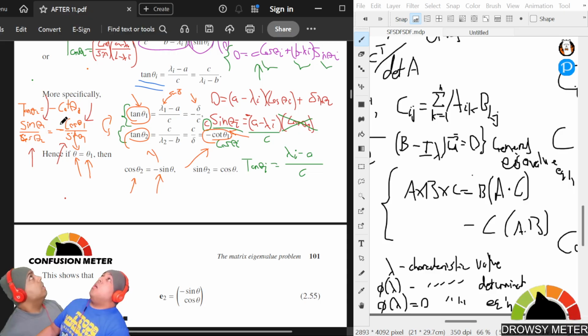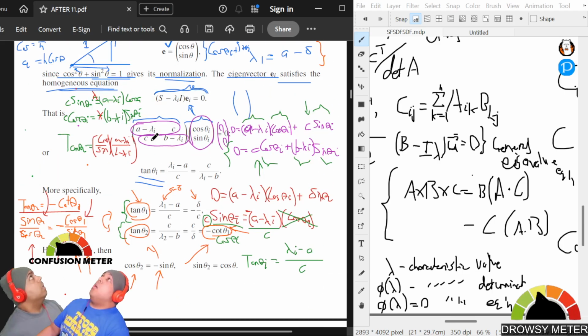They're equating the numerators and denominators of this relationship here. Are we allowed to do that? And what even is theta 1 and theta 2?